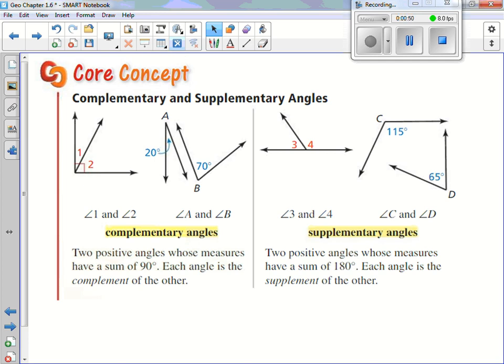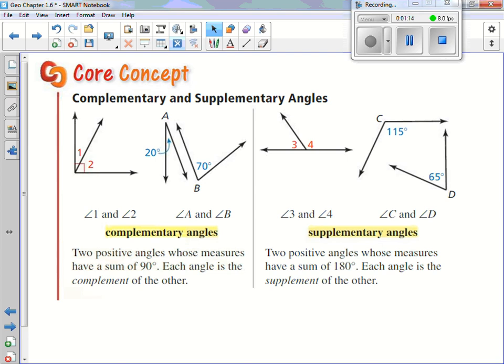This is one of the most easily confused sets of terms that we will cover. Supplementary and complementary. Sup and com. That's the only real difference between the two in name. Complementary, two positive angles whose measures have a sum of 90 degrees.